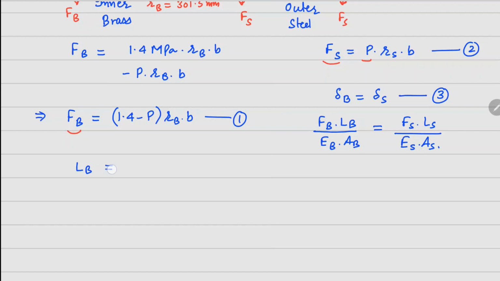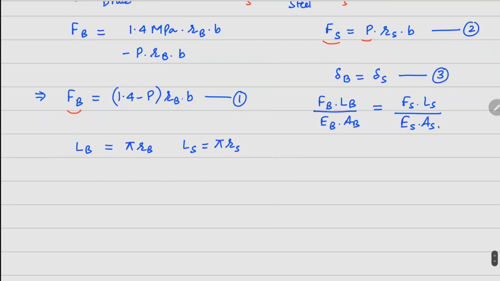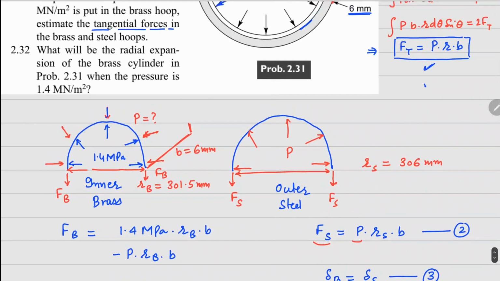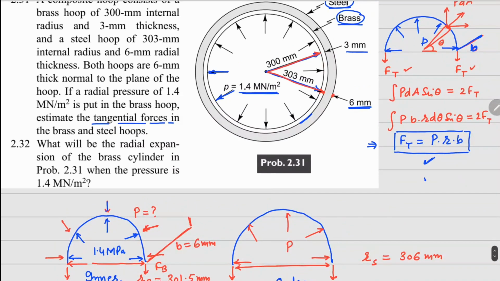Your LB for the half hoop, we can write as pi RB. LS can be written as pi RS. We already know the value of RB and RS. Now EB, which is for brass, we can take 103 GPa, and for steel we can take 205 GPa. Now cross section area AB. What is this cross section? This cross section is basically, if I go somewhere here and try to see this part, right?